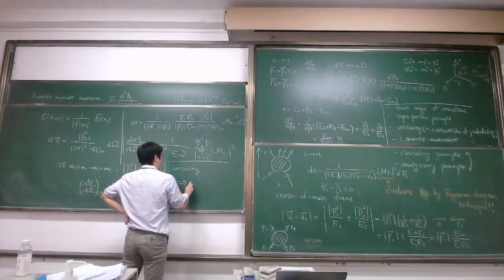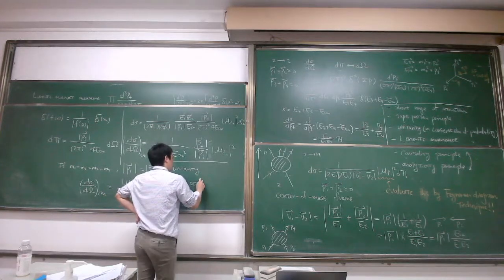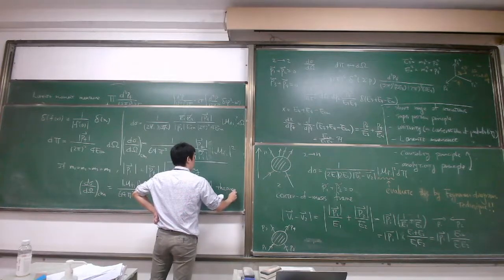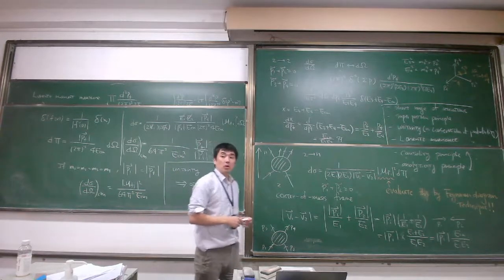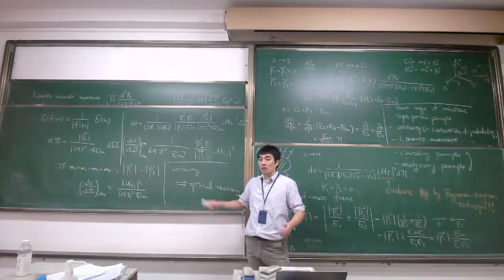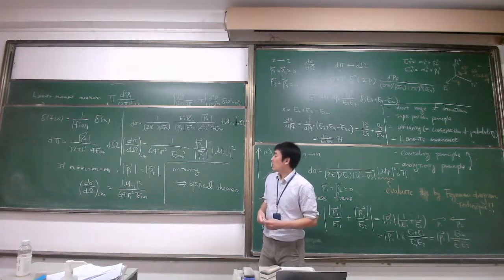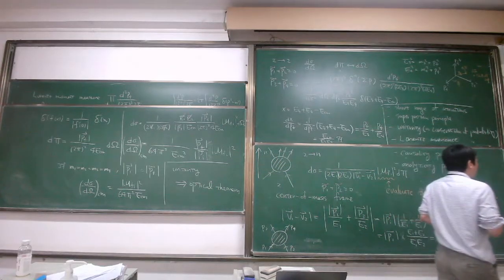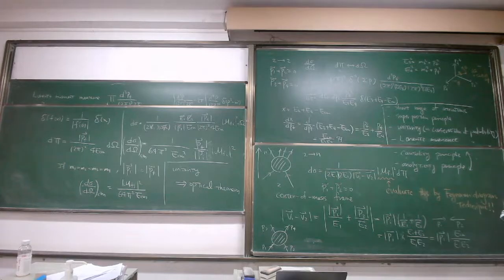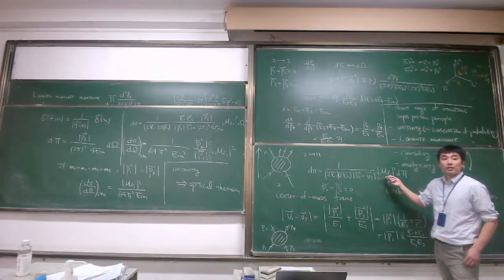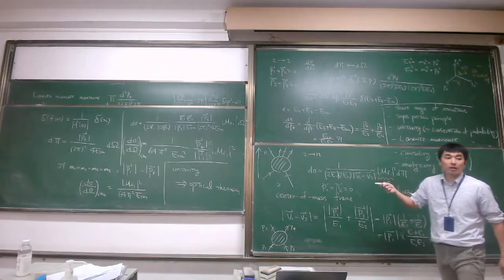So next time I will briefly talk about the consequence of unitarity. The optical theorem can be derived from unitarity of the S matrix. And then I will also talk about how to evaluate M_fi in a particular theory, which is called Yukawa theory.